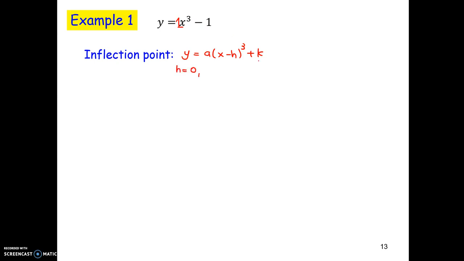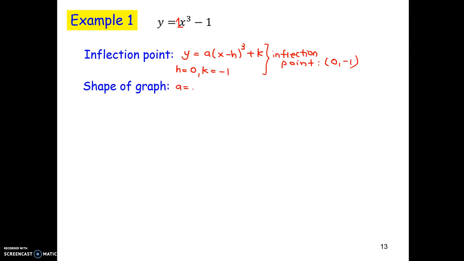And negative 1 must be equal to k. So k is negative 1. So this is basically our inflection point, (0, negative 1).